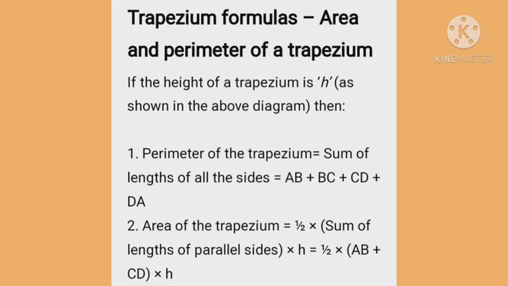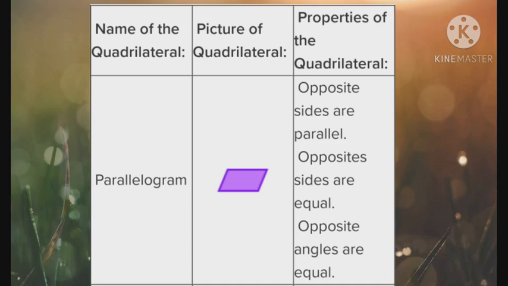And area of trapezium is half into the sum of the lengths of the parallel sides, that means (AB plus CD) into height. Height means the distance between these two parallel sides. Okay. So perimeter is the sum of all four sides and area is half into sum of parallel sides into height. So here we discussed all the types of quadrilateral.